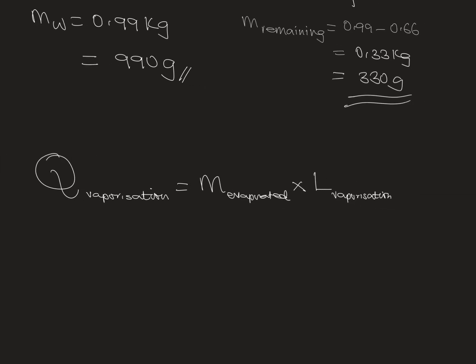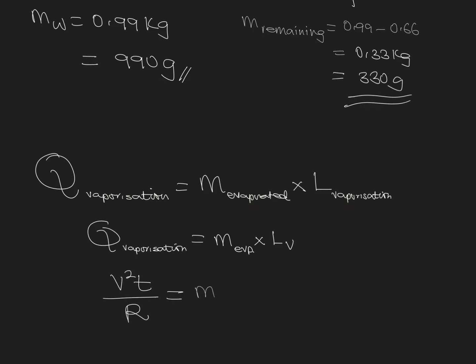That is, the quantity of heat that was used to vaporize the water is equal to the mass of the water that has evaporated multiplied by the specific latent heat of vaporization. Again, the quantity of heat supplied for the vaporization can be V squared T divided by R. So this will be equal to the mass of the water evaporated times the specific latent heat of vaporization.